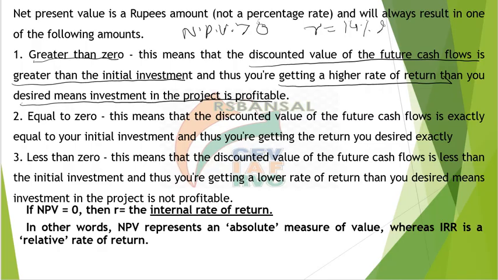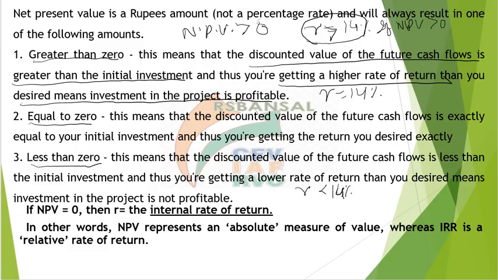So if NPV is greater than 0, it means you will be achieving a return higher than 14%. But if it is equal to 0, it means you will be achieving a return equal to 14%. And if it is less than 0, it means you will be achieving a return of less than 14%.